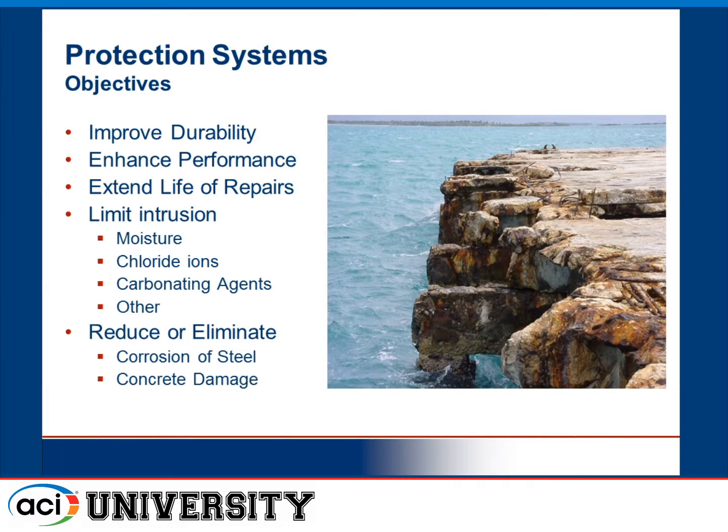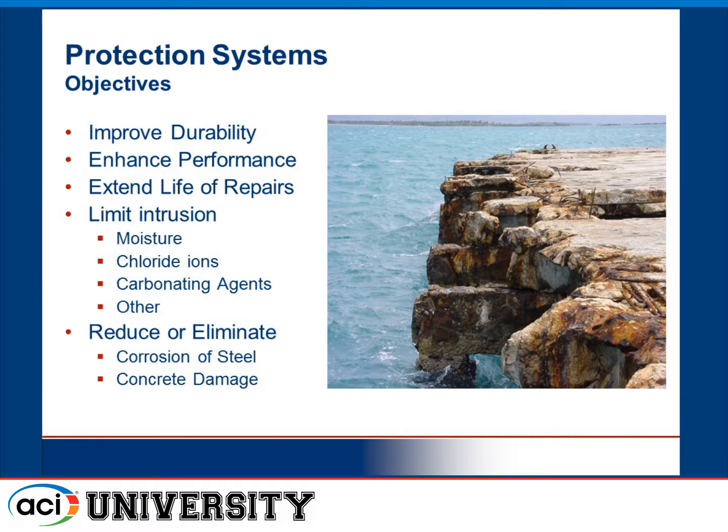The goals of these protective systems include improving the durability of a concrete structure, enhancing performance of structures that are exposed to corrosive environments, extending the useful life of repairs, and this is achieved by limiting the intrusion of moisture, chloride ions, carbonating agents, and other chemicals or contaminants that may contribute to the corrosion of the reinforcing steel or other metal embedments within the concrete.